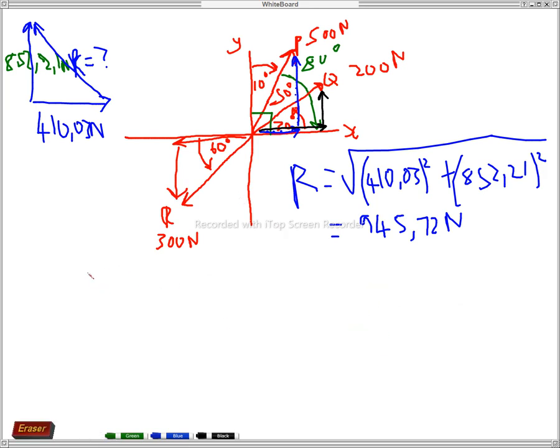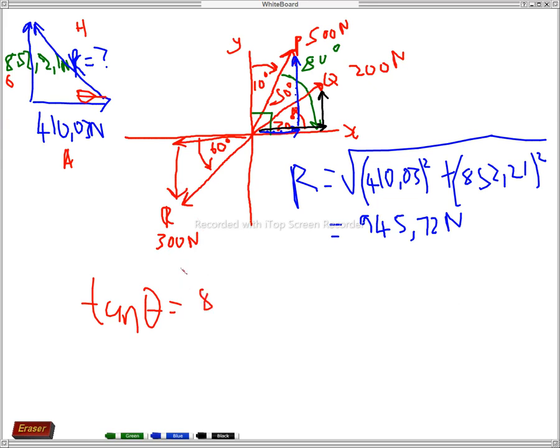So when we determine the direction of the resultant, we are going to use the trig ratios, because we will determine the size of theta there, or whatever angle that you want to put there. We have the opposite here, as well as the adjacent. That was the hypotenuse. Remember, we already got the value for the hypotenuse, so I'm just going to use tan here. So tan is opposite over adjacent.